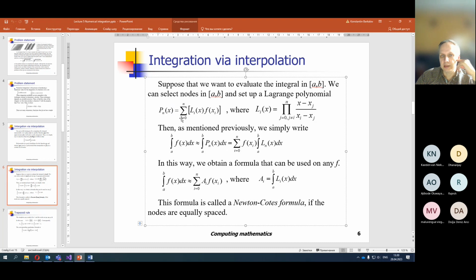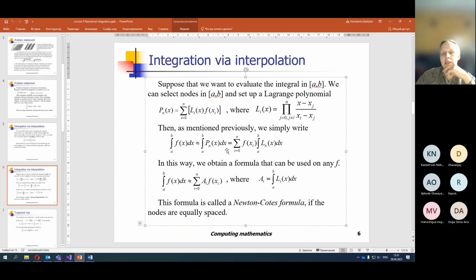But as far as the Lagrange interpolating polynomial can be written in this form, f of x here is a constant. Only auxiliary polynomials Li depend on x. So we can move the sign of the integral inside the sum.